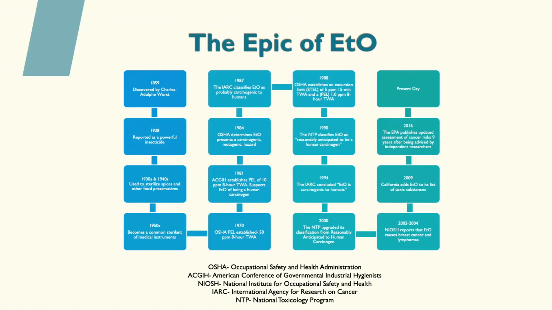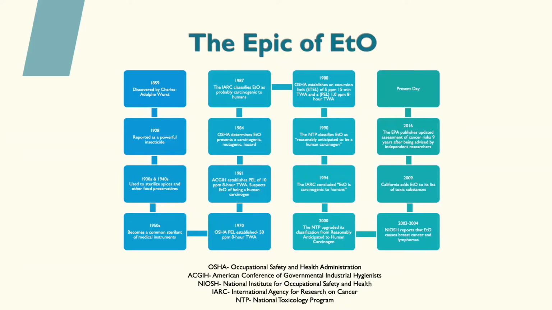In 1988, OSHA established an excursion limit, or short-term exposure limit, of 5 parts per million for a 15-minute time-weighted average and a PEL of 1 part per million in an 8-hour time-weighted average. In 18 years, that exposure limit came down 50 times. 50 times.